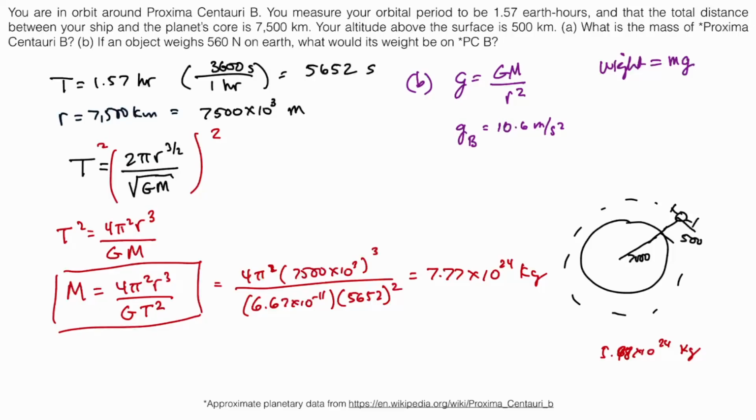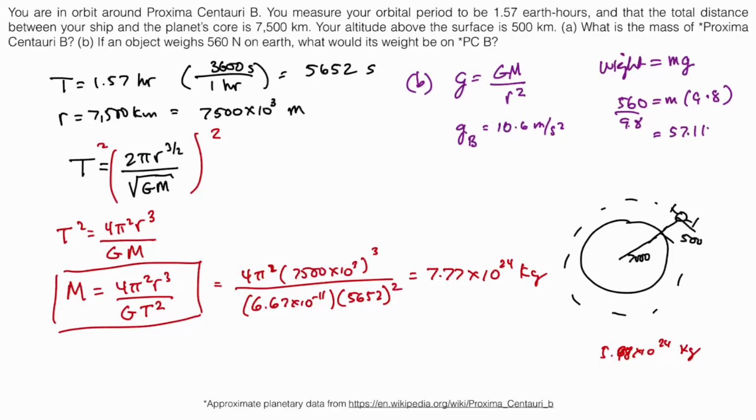How are we going to find the mass? We know the weight on Earth, right? If we divide by 9.8, we did this yesterday, that gets us the mass. The mass I found was 57.1 kilograms.